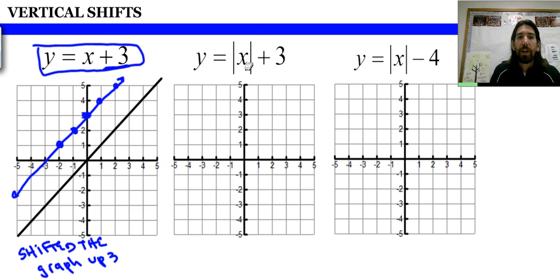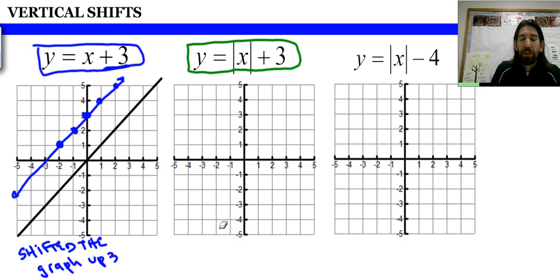Alright, now I'm going to do that same thing. It actually works out to be the exact same thing in absolute value. If I add a number at the end, I am going to move it up or down. So in this case, because it's a plus 3 at the end, I am shifting the graph up 3. So what I'm shifting is the vertex this time. The vertex of the parent function did look like this.